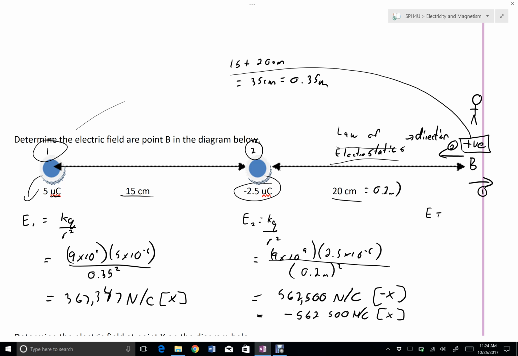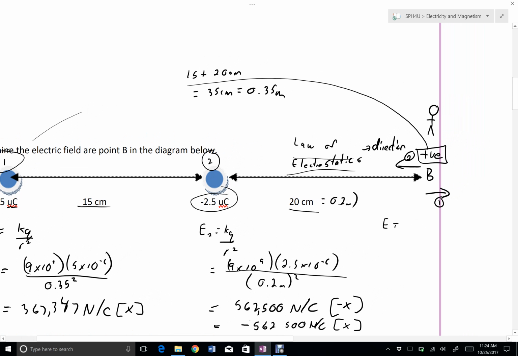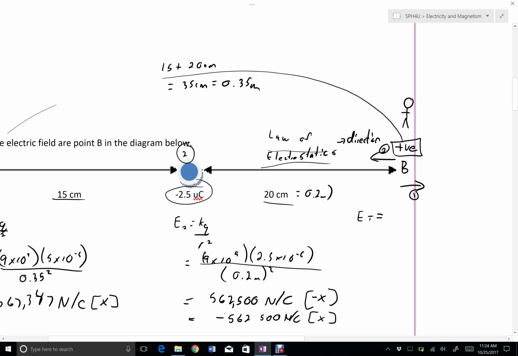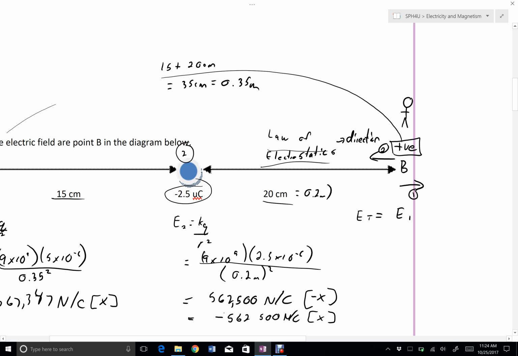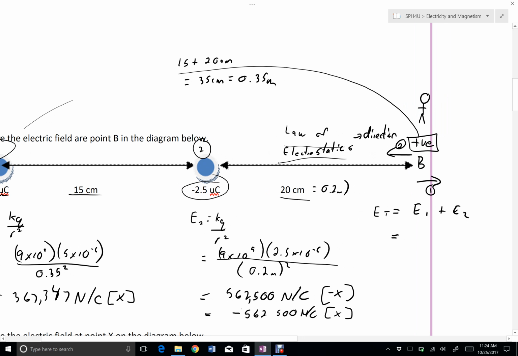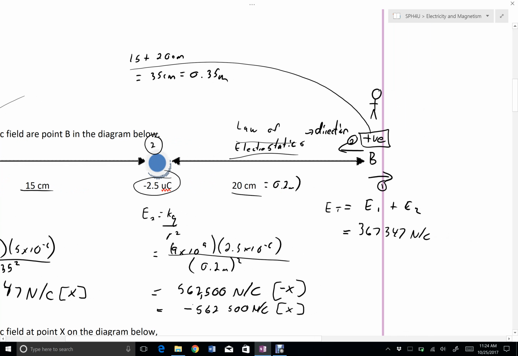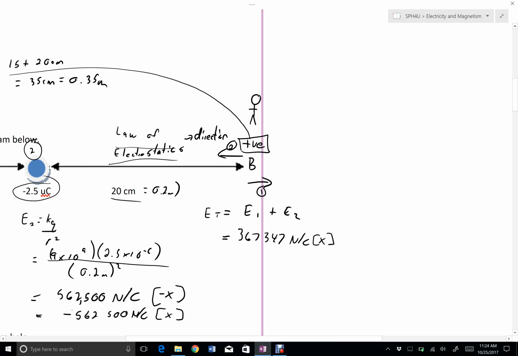Now with those two electric fields, if I want to know my total electric field, I can simply add them, but as a vector addition where I consider their direction. So E_T equals E1 plus E2. E1 is 367,347 newtons per coulomb in the positive x direction. E2 is negative 562,500 newtons per coulomb.